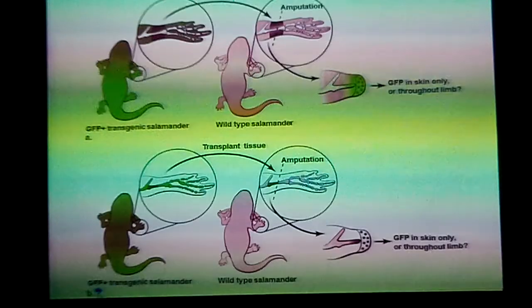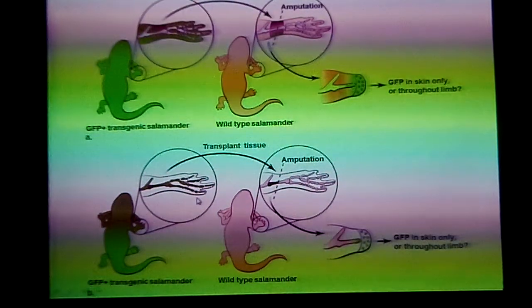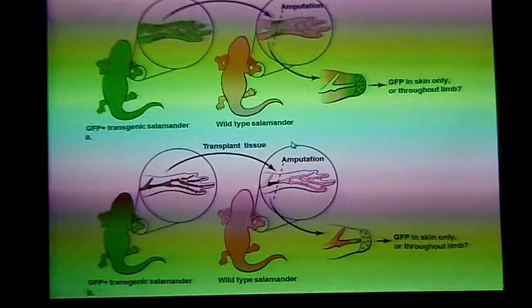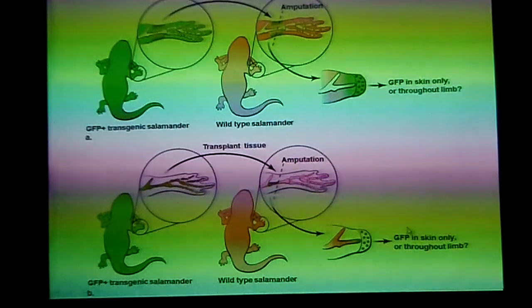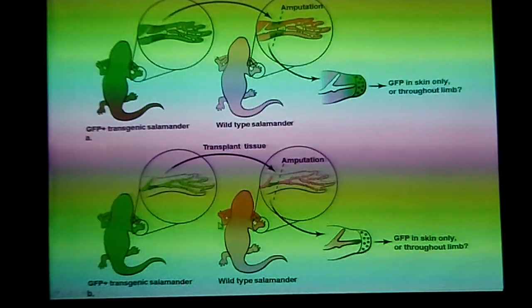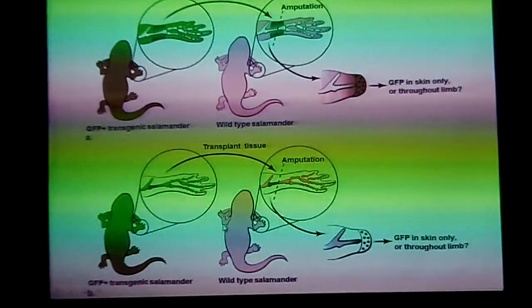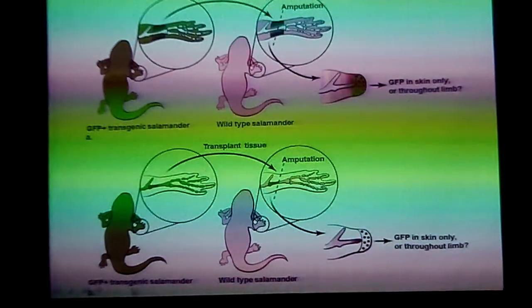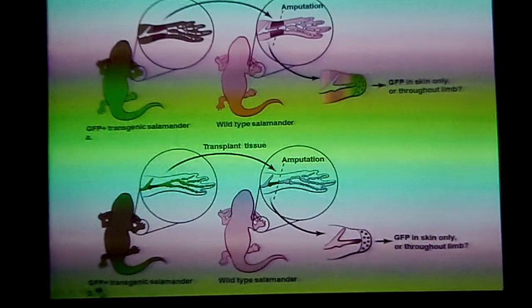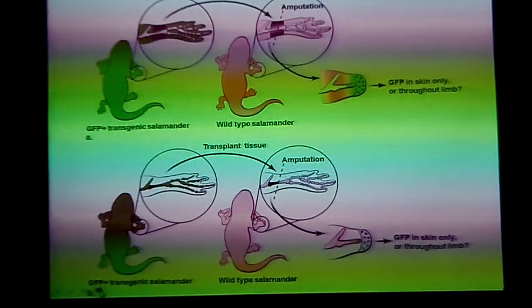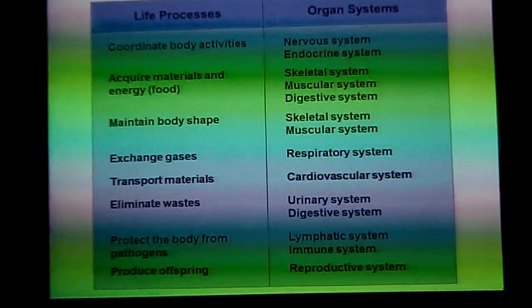I haven't read that yet. I need to read it. Look, you amputate it, it grows back in these guys. Why can't it do that in us? Maybe if we figure out how it works in them, we can figure out how to do it in us. Then you can cut off your arm and it'll grow back. That'd be a good trick, wouldn't it?